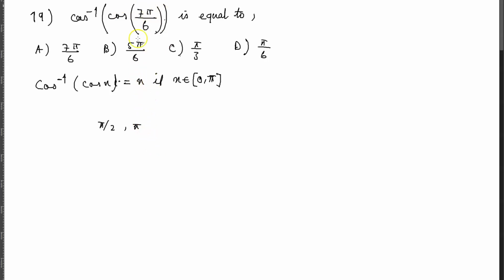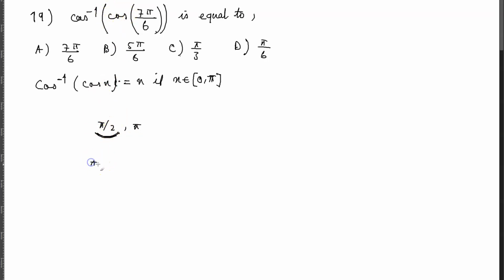Now let's try one of these and see what happens. So, for example, if I used pi by 2, the problem is that when you use pi by 2, the trigonometric ratio changes.